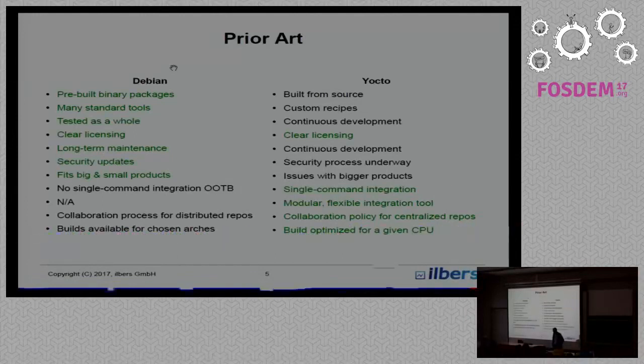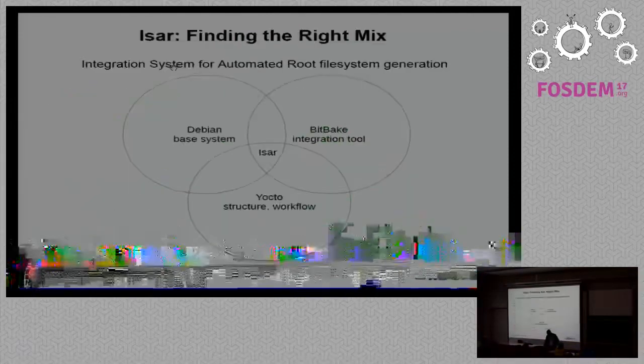So with Debian you only have two degrees of freedom, whereas with Yocto, since it is source-based, you can fine-tune your build for your required CPU capabilities.